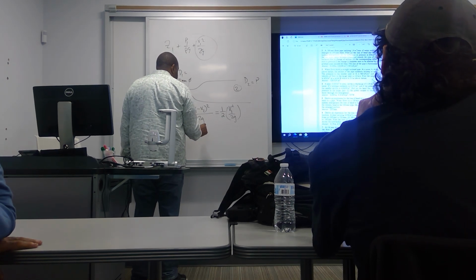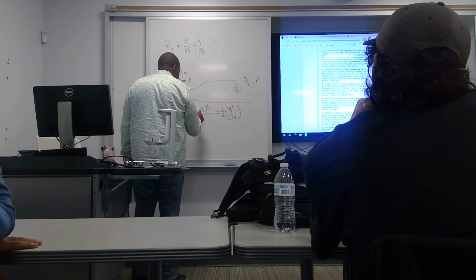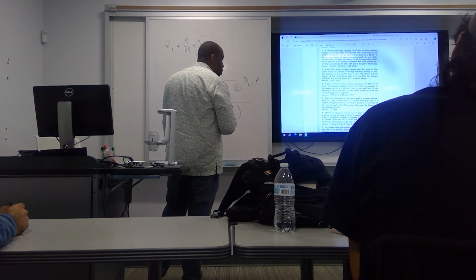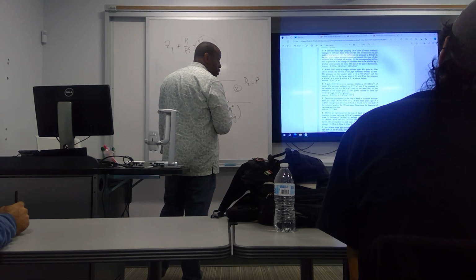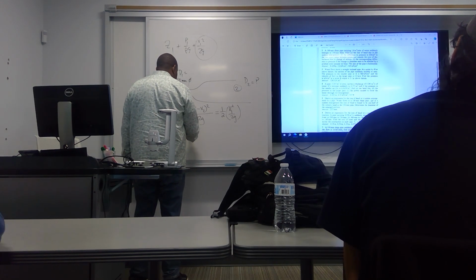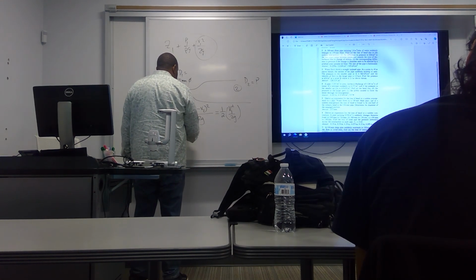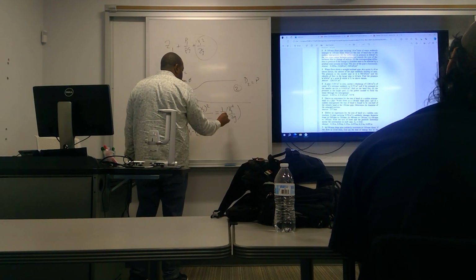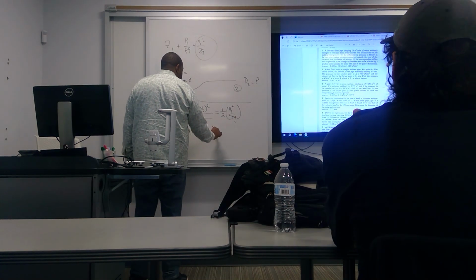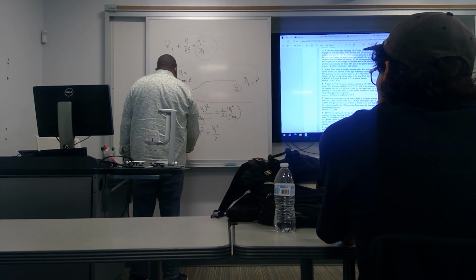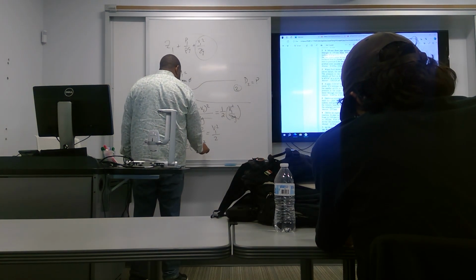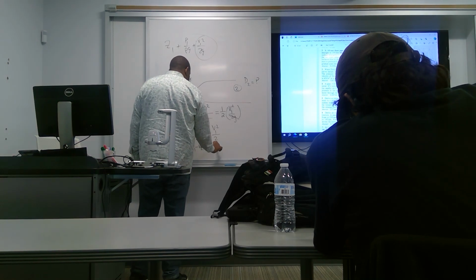Let's see. Make sure this is right. Sudden enlargement, that's correct. So what we can do here: (V1 minus V2) squared over 2g equals 1/2 of V1 squared over 2g, so we can get rid of this. So we have 2 times (V1 minus V2) squared is equal to V1 squared.